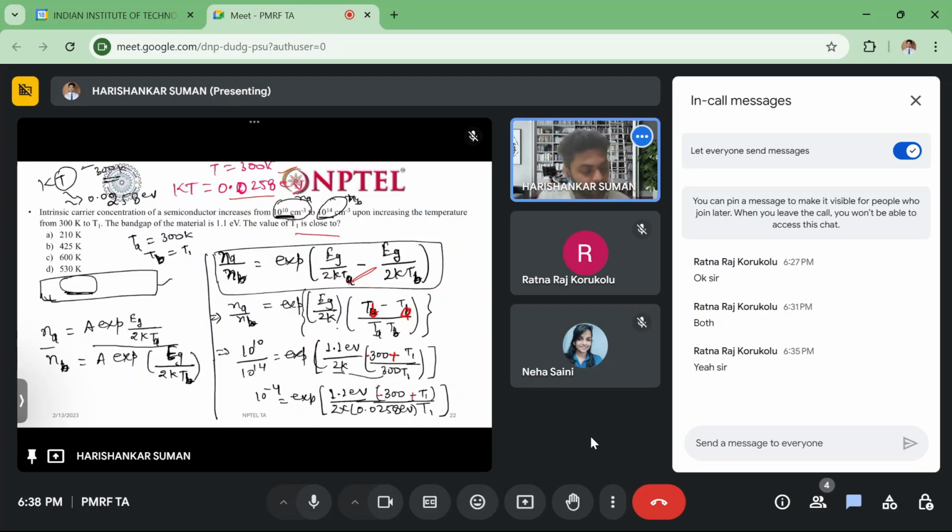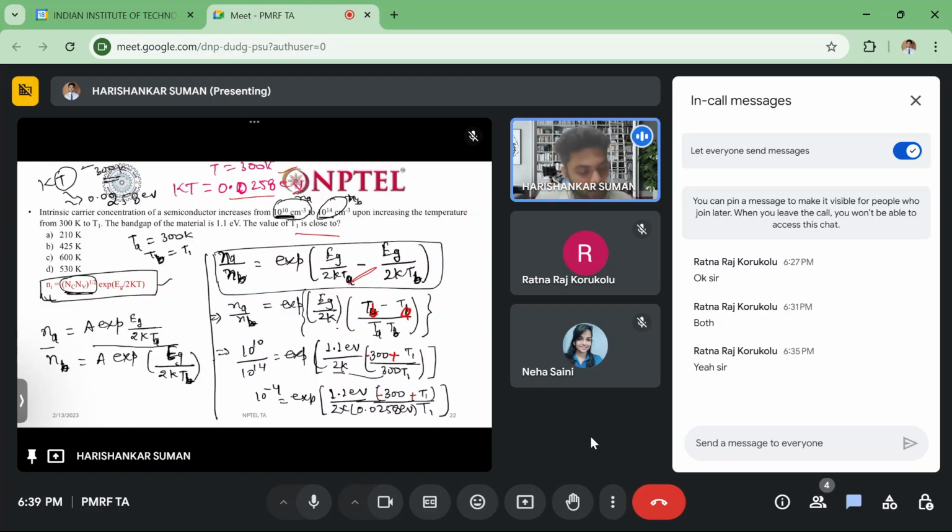Next question. We have already discussed this, but I am repeating it again. If you have any doubt, you can ask. This question: the intrinsic carrier concentration of a semiconductor increases from 10 to the power 10 per centimeter cube to 10 to the power 14 per centimeter cube upon increasing the temperature from 300 Kelvin to T1.